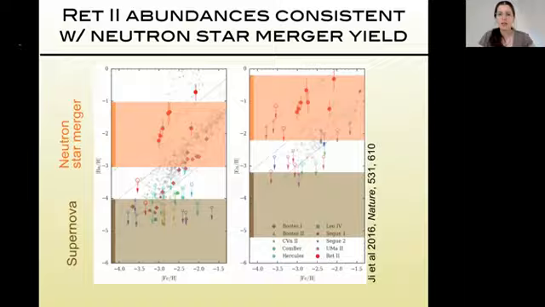And so that actually overlays broadly the red points that you can see there. So it's quite plausible, given this little exercise, that something with the yield of a neutron star merger would have exploded or gone off prior to the formation of these stars.